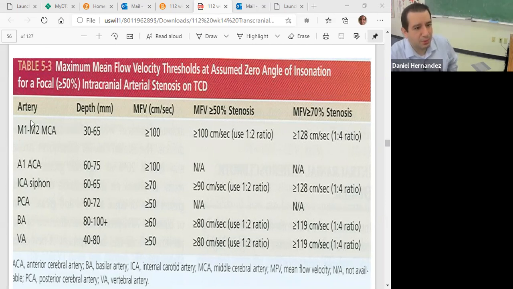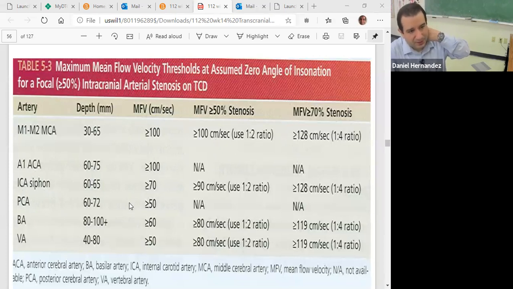So for our middle cerebral artery, we look for velocities over 100 to indicate a stenosis. Anterior cerebral artery, again, we use that value of 100. For our ICA siphon, it is greater than 70.